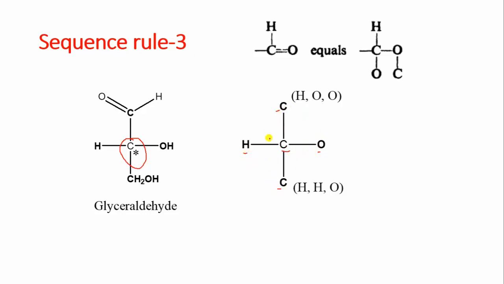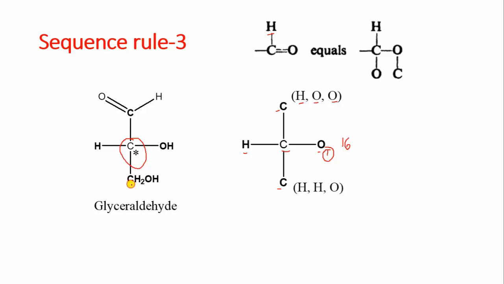Among these 4 atoms, oxygen is the highest priority because it has atomic weight 16. And these carbons are similar, so we have to go to the next atoms.